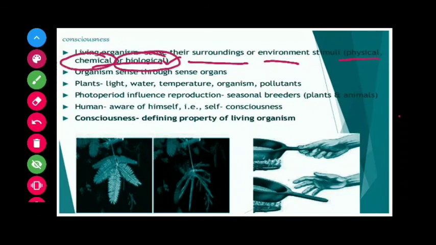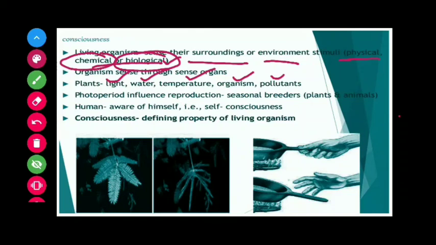Okay, plants may respond to factors like water, light, temperature, organisms and pollutants. In the same way, prokaryotes to eukaryotes all can sense the environment.